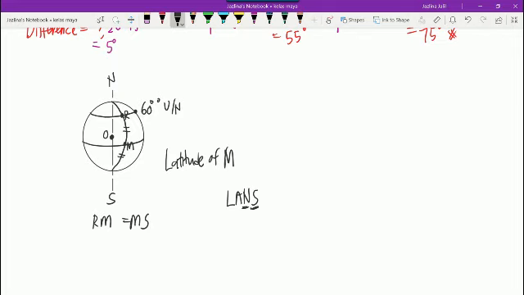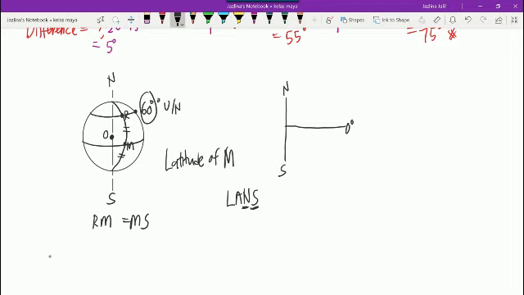Okay, and for this question we only have one piece of information, that is 60 degree north. So what you're going to write down here, just sketch like this, because latitude T terbalik, 0 degree, this is north, this is south. Don't worry.